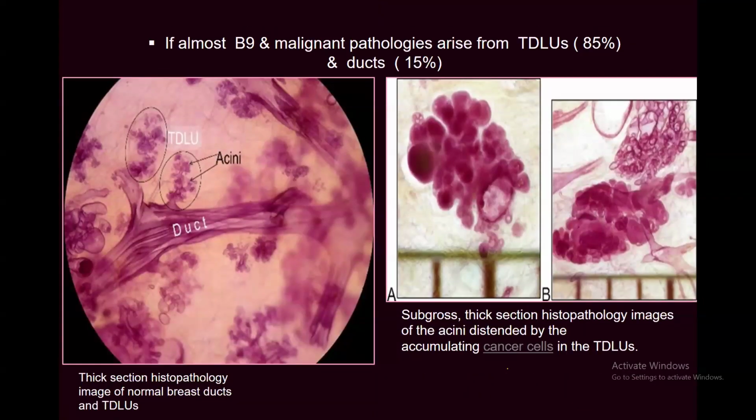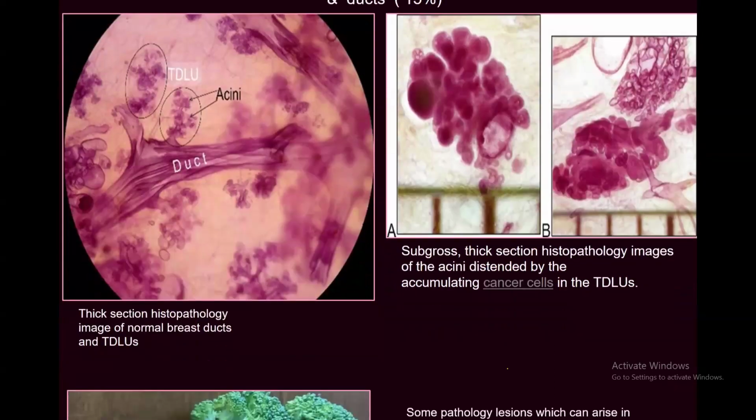Here I have to mention that the pathology, especially malignancies, arises more from TDLUs, almost 85%, while from the ductal system in 15%.